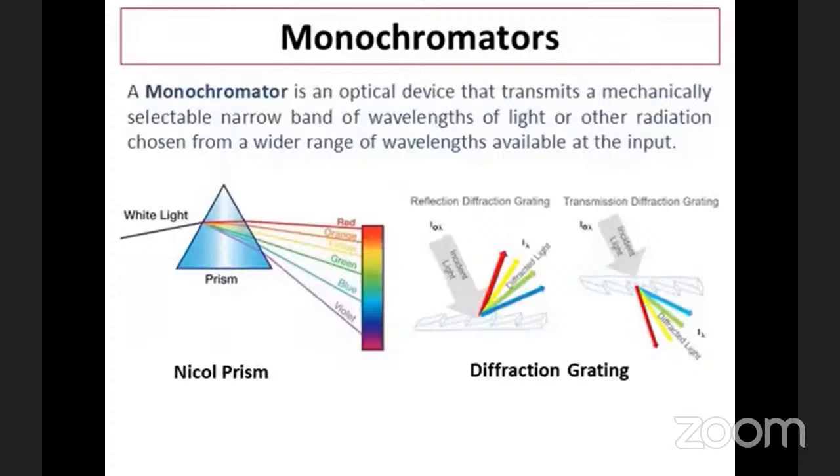There are two commonly used monochromators in flame photometry, that is, Nicol prism and diffraction grating. Nicol prism is an optical device which is used for producing and analyzing plane polarized light. And like a prism, a diffraction grating separates the colors present in white light to produce a spectrum.